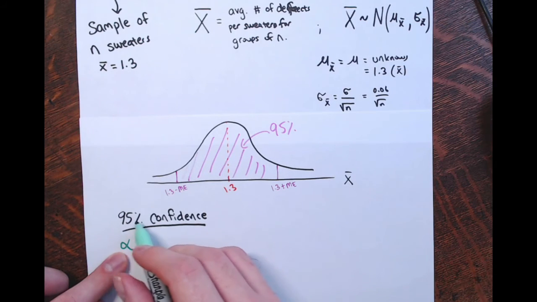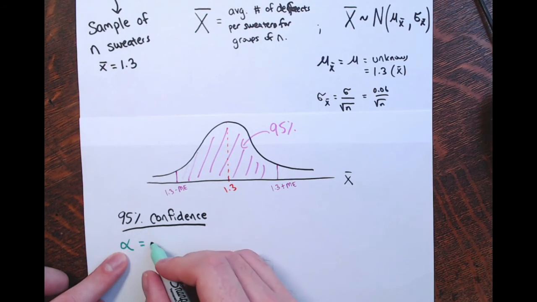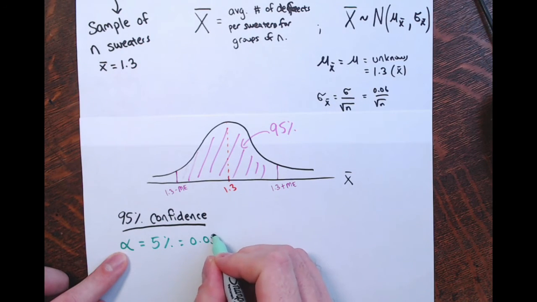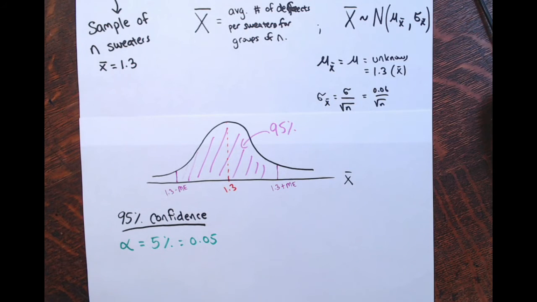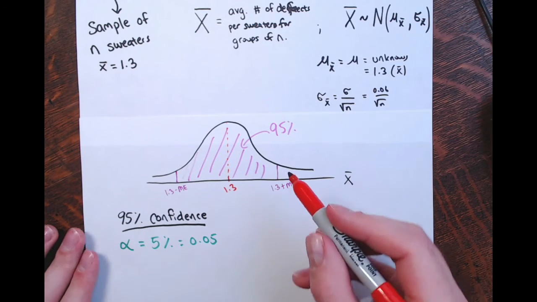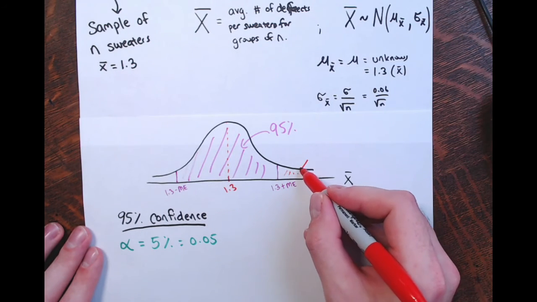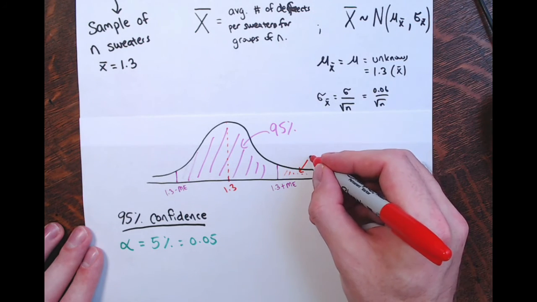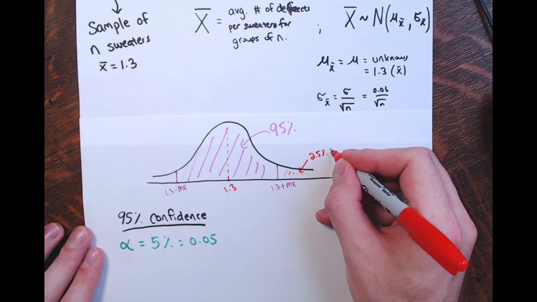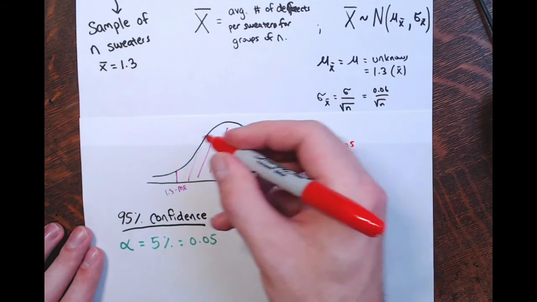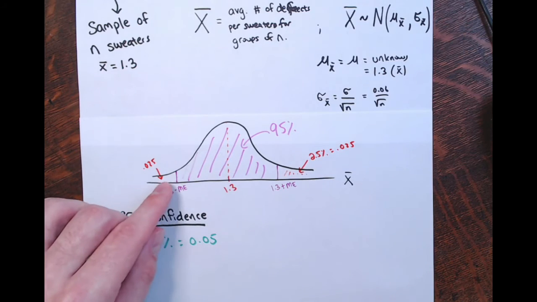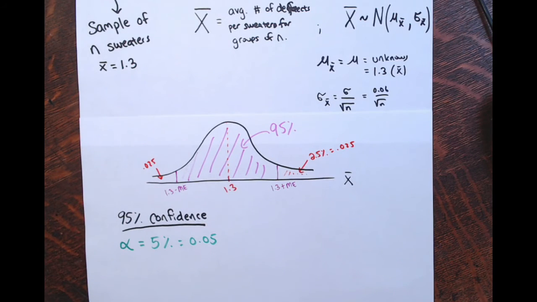So if the confidence level is 95%, the value of alpha is 5%, or as a decimal, 0.05. And if there's 5% left, that means the area above the upper value in my confidence interval is 2.5%, or 0.025, and the area below the lower value is also 0.025.